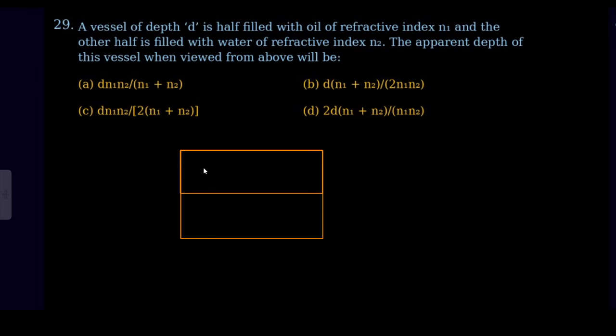Half is filled with oil having refractive index N1, and the other half is filled with water, refractive index N2. This height is D by 2 and this height is also D by 2, right?